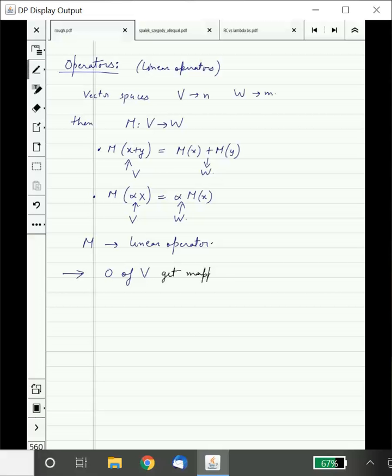You can take it as a small exercise and convince yourself that this is indeed true. Also, by the two properties listed above, if I keep applying them, then M on a vector like this can simply be written as this.